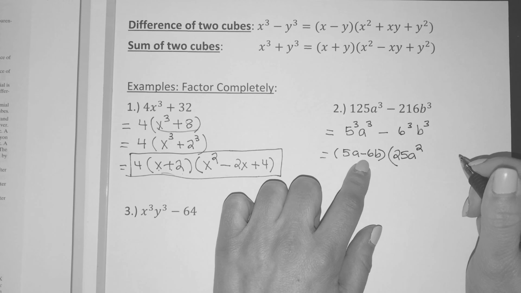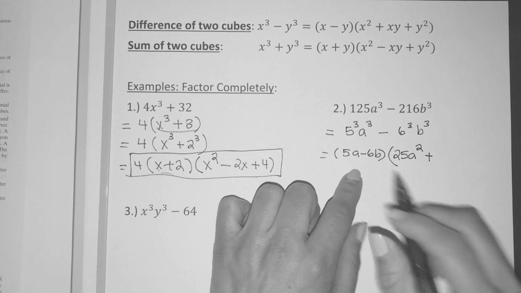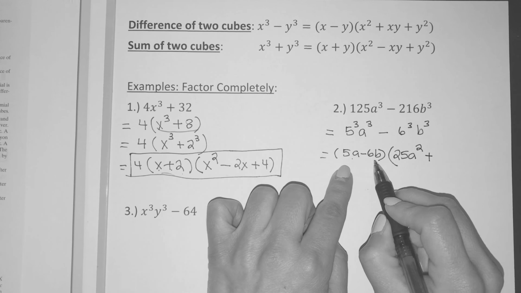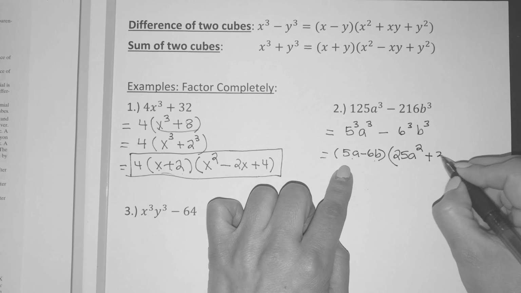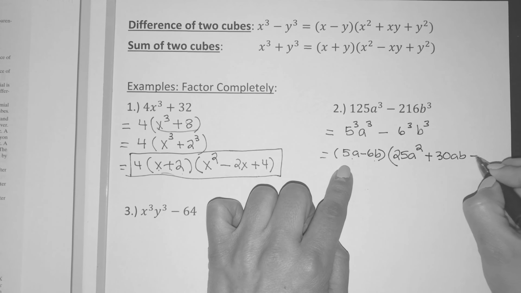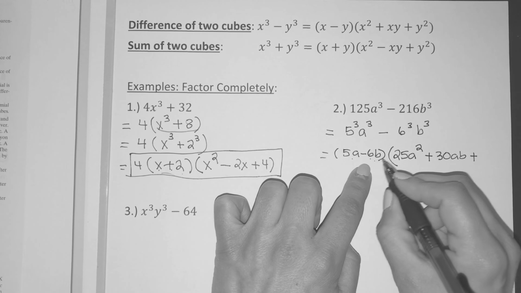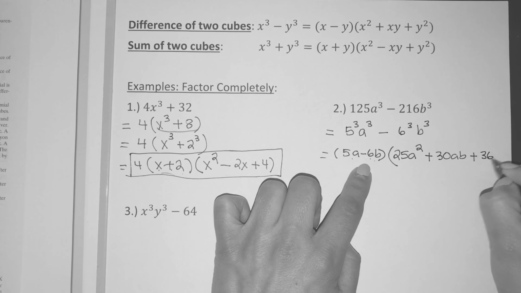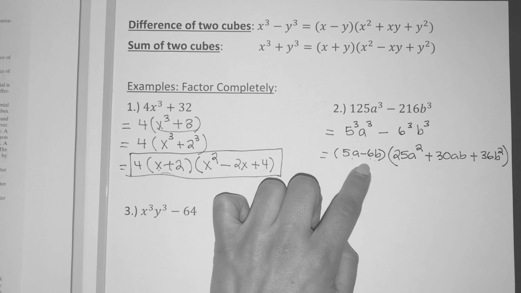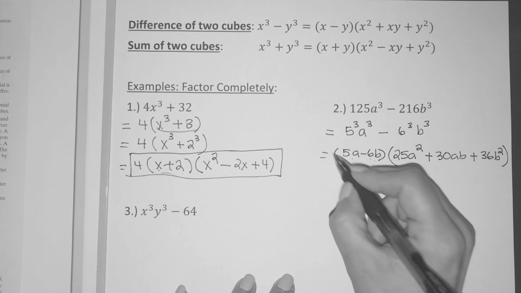Opposite sign of minus, which is plus, multiply these two together but without the sign, so that's 30ab, plus square the last term, so square 6, square b, and that is the complete answer.